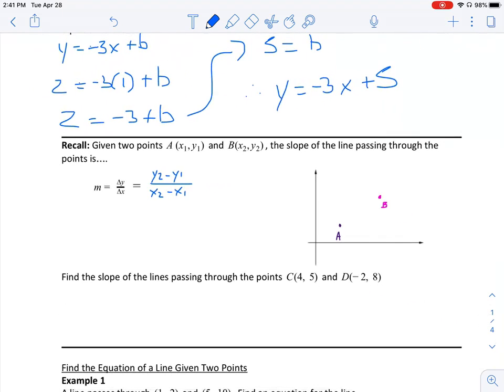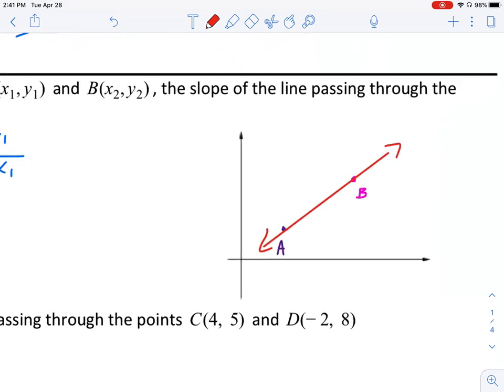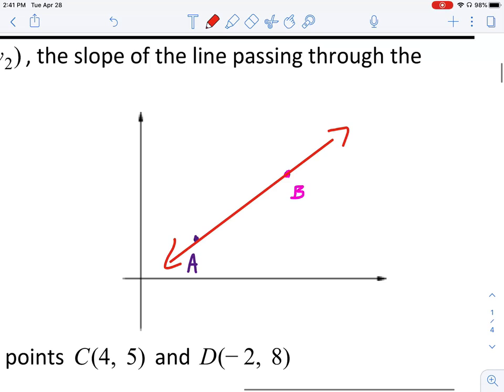So on the graph here, there's my A and there's my B, and the line that would pass through them would look kind of like that. And then we would know the change in the run here and the change in the rise, right?